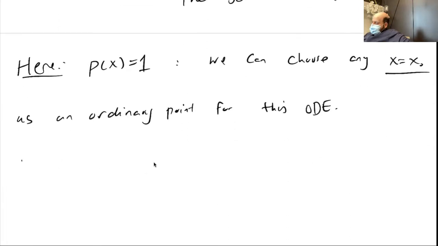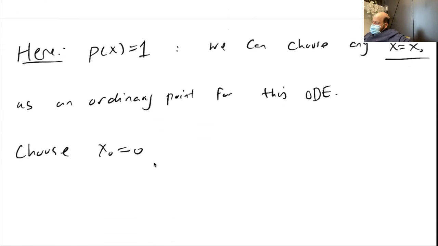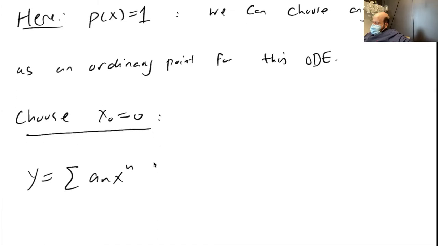So choose x naught equals 0. Then we will have y equals sigma a n x to power n from 0 to infinity. Because in general it's a n x minus x naught to power n, but here I'm choosing x naught to be 0. So my function will be sigma a n x to power n from 0 to infinity.